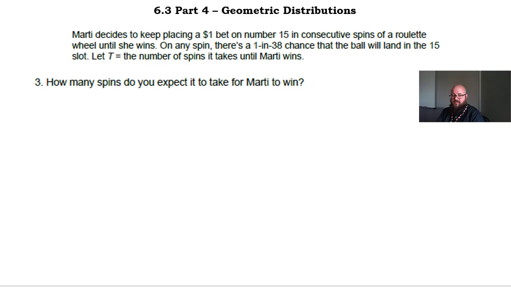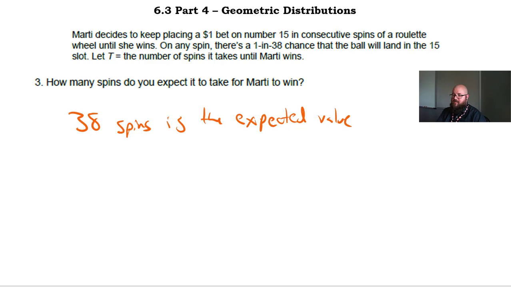Expected value is 38 spins, because there is a 1 in 38 chance of her winning. So you should think that if she spins 38 times, she should win. So 38 spins is the expected value.